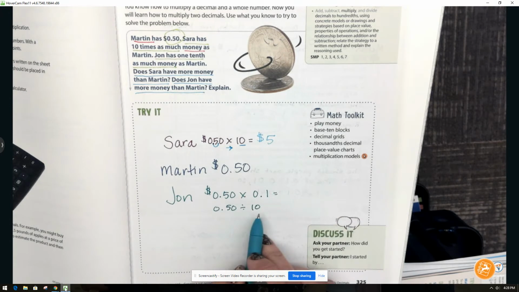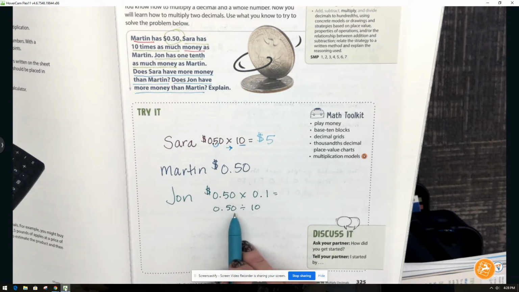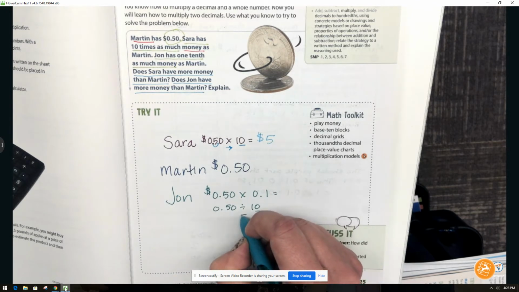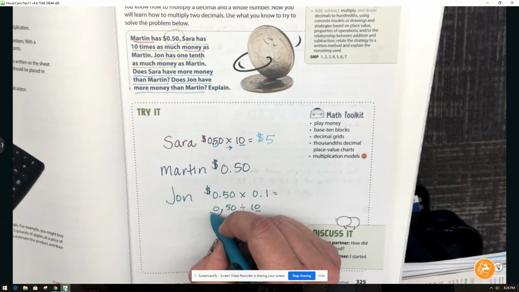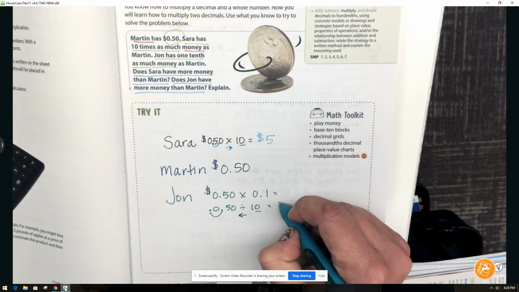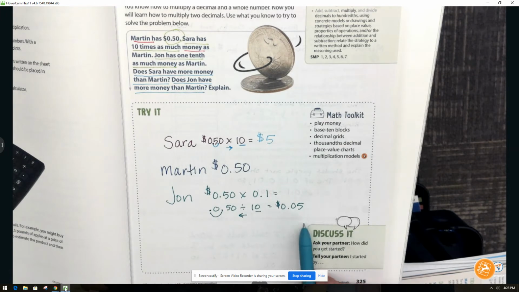Remember we can rewrite this as a division sentence to find out the answer. So if we have 50 cents and we divide it into 10 parts, we're going to move our decimal one place to the left, and that's going to equal 5 cents.